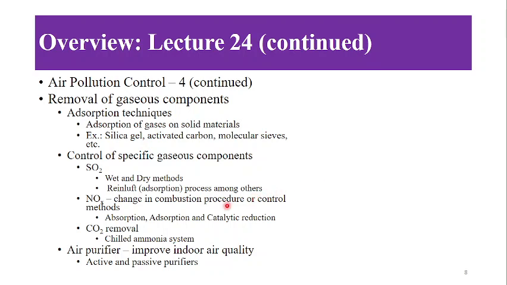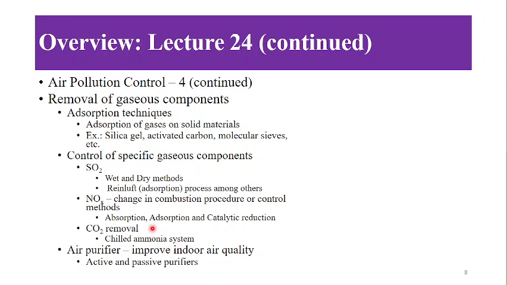NOx can also be controlled through absorption techniques and catalytic reduction. In catalytic reduction, you can use certain catalysts on which you selectively reduce NOx, so that NO is converted to nitrogen, or it can be non-selective, so that both NO and NO2 are reduced to nitrogen.